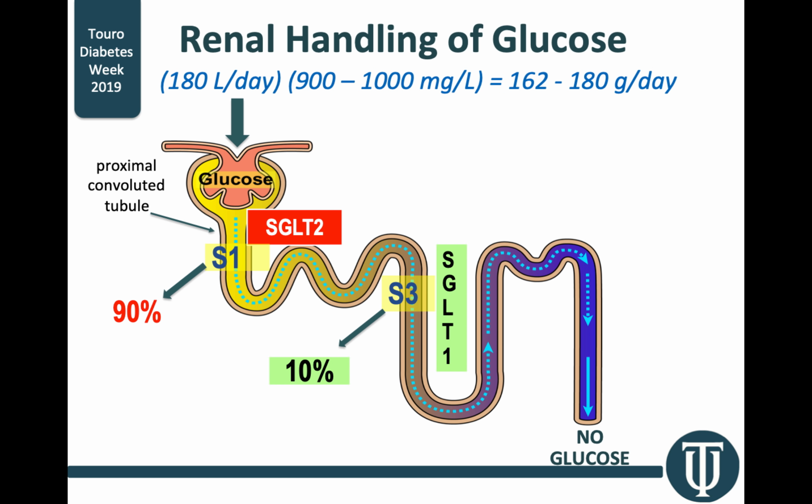So let's give you some background information. So this is a nephron. So there are some receptors, SGLT2 and SGLT1. So in the proximal area of the convoluted tubule, you will see a lot of SGLT2 receptor being expressed.